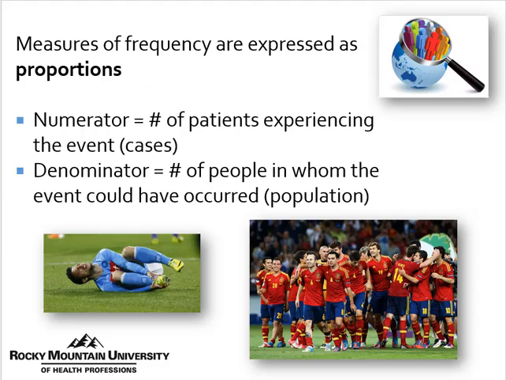Now, actually I'll do two slides here before we end this screencast. Measures of frequency are expressed as proportions. So again, the number of people who experience the event, those are our cases, and they're divided by the number of people in whom the event could have occurred, that being the population.